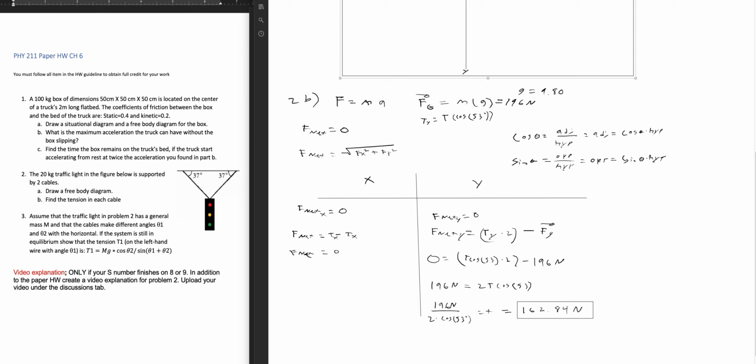Now, we know the traffic light isn't accelerating, so that's 0. But we also know that there are forces being applied to it. So, its net force is equal to mass times acceleration, and the net force is equal to 0. But our net force can be broken into components, which is what we must do in order to solve this.